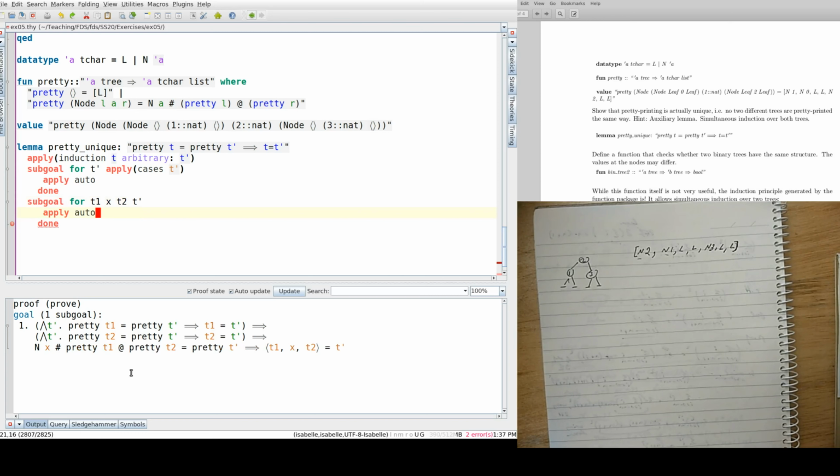And now again, we need to do the case split on T prime. And then when we do the case split on T prime, we'll have T1 and T2 as components, and the induction hypothesis will say that this will work. The induction hypothesis basically will say that T1.